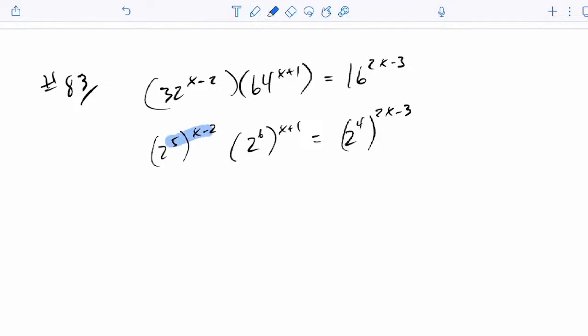Now when you have a power to a power, you can multiply. On the left-hand side, I'm multiplying with the same base, so I can add the exponents.